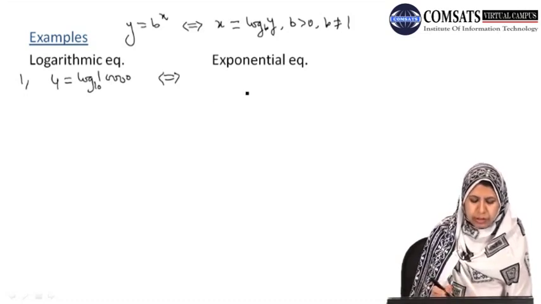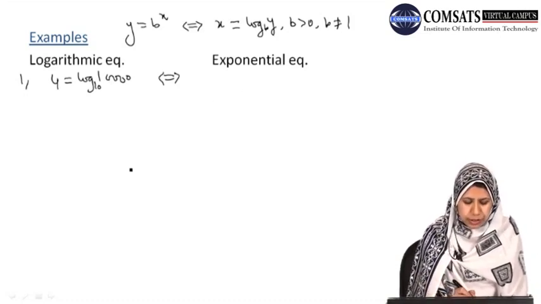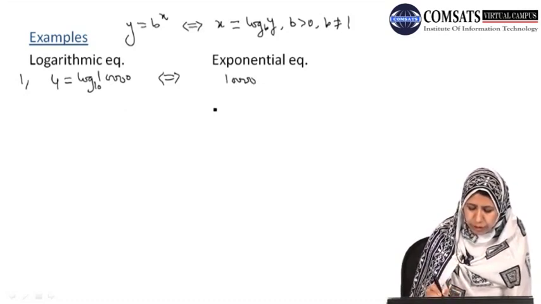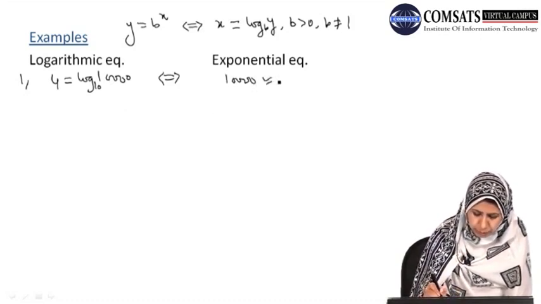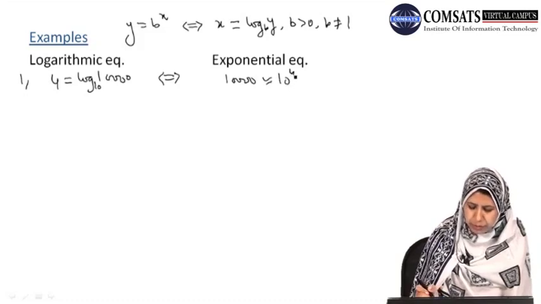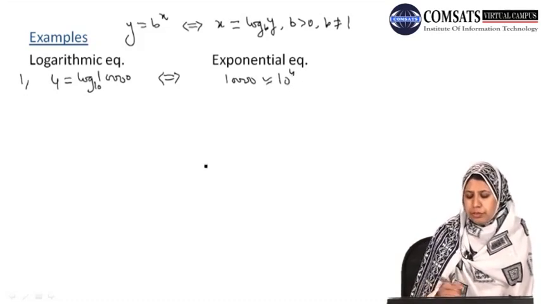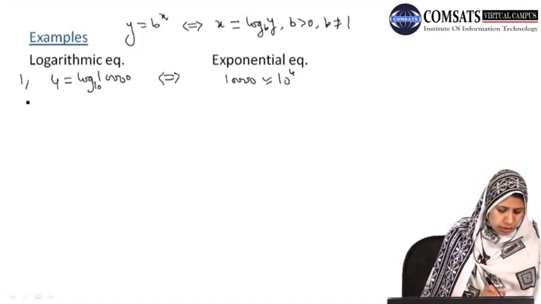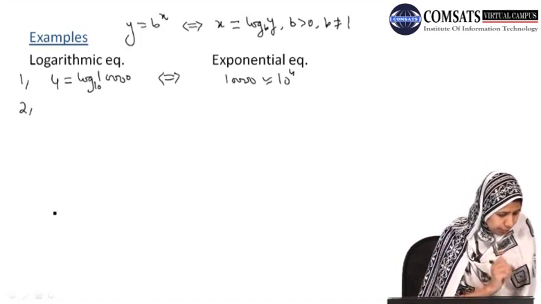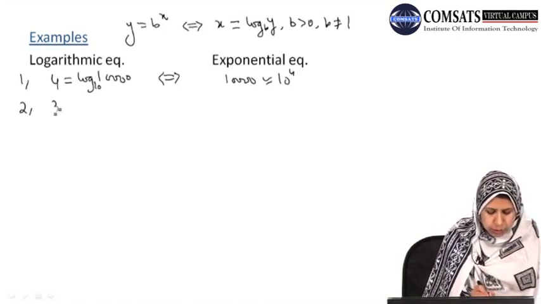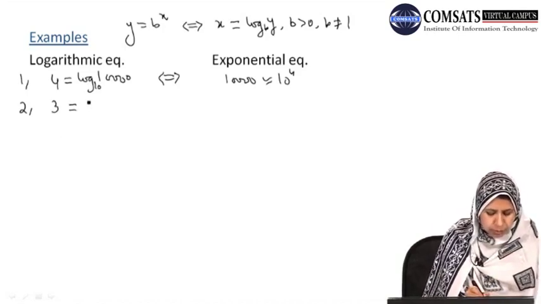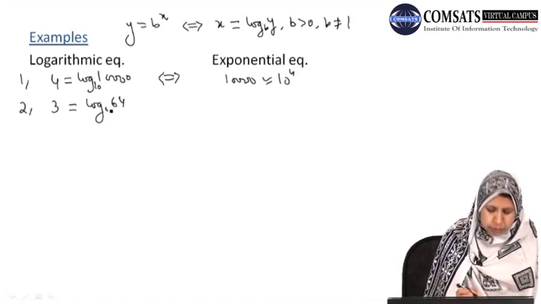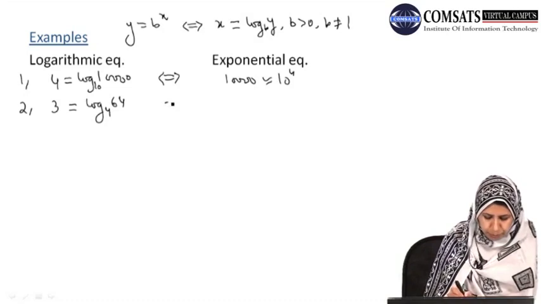So the corresponding exponential equation will be y is equal to b to the power x, and if we solve this equation we obtain the left hand side, which is 10,000.